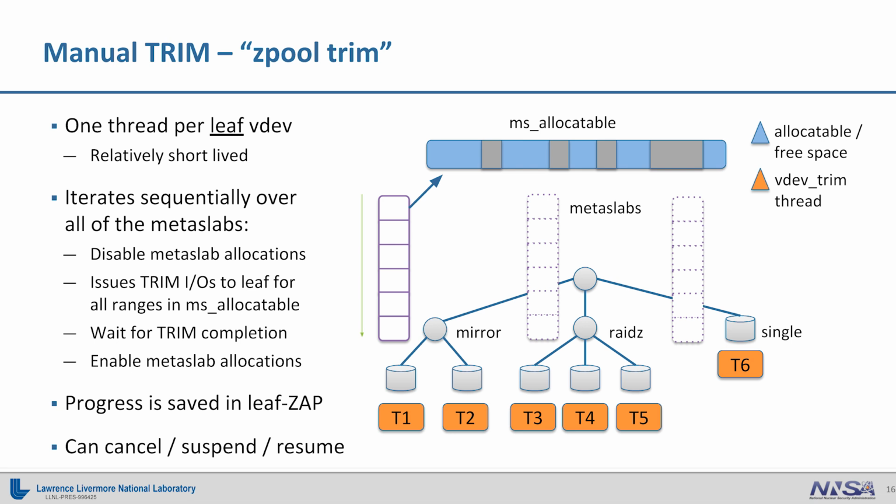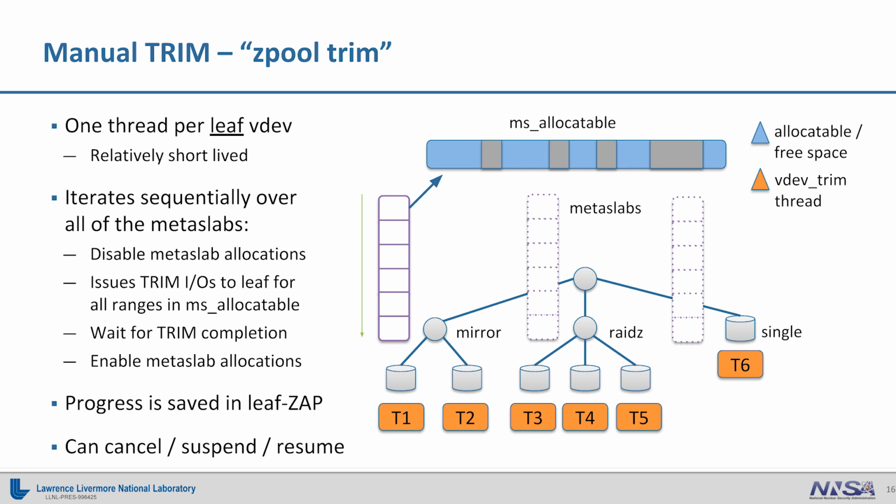The idea is they're going to go through each metaslab and disable metaslab allocations, so we know that it's safe to trim that metaslab. No new writes are going to be coming in. And then we're going to issue trim IOs for the leaf in question using the VDEV translate functionality. We're going to say, here's our leaf, and here's our top level metaslab, and we're going to trim it. Issue all of those trim IOs.